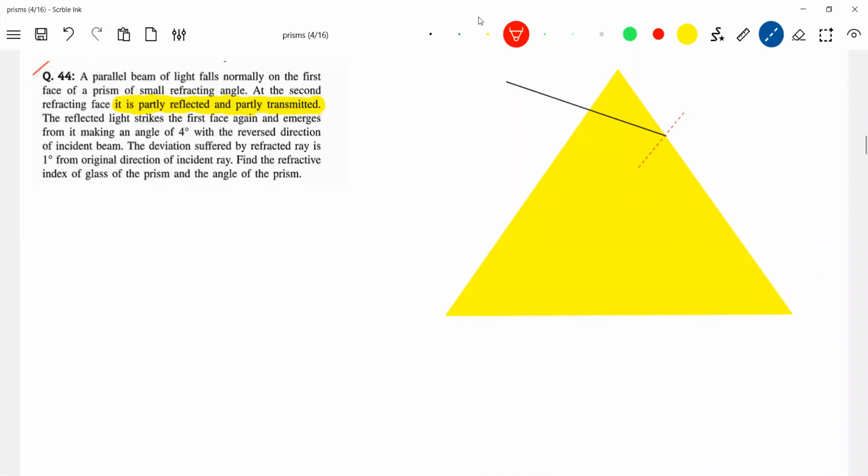This is a normal. Roughly it may not appear normal, but it's a normal.